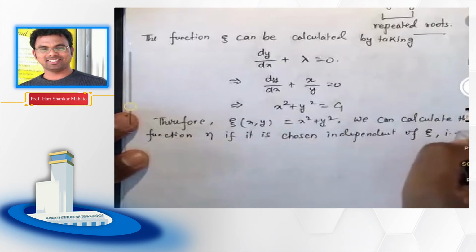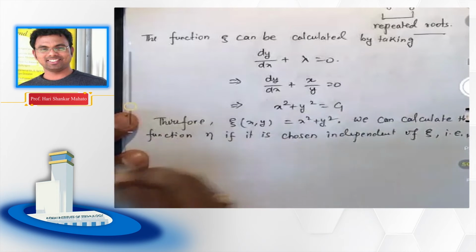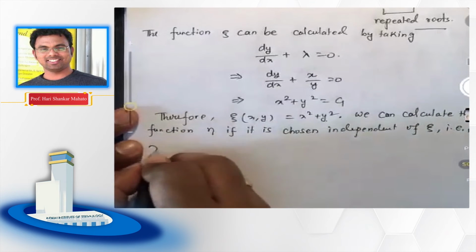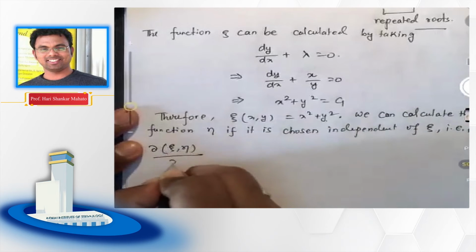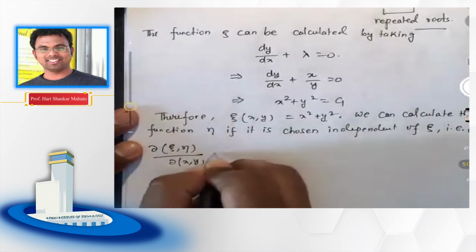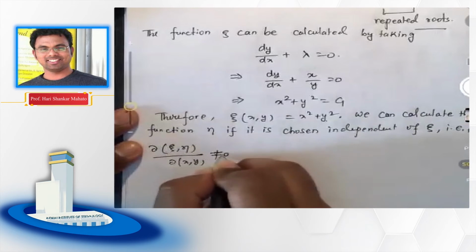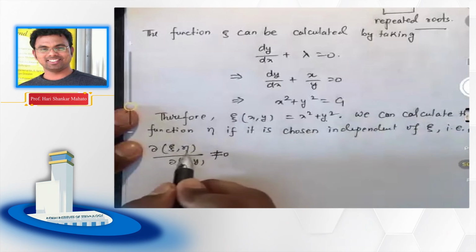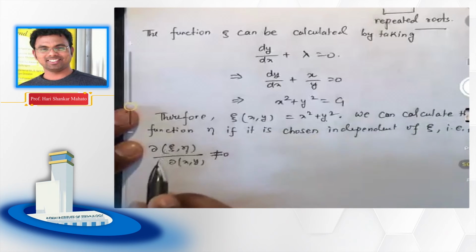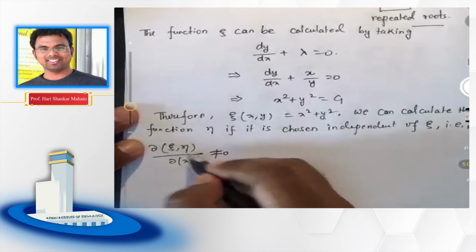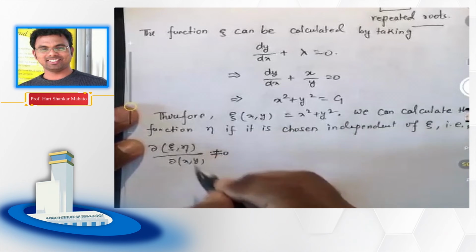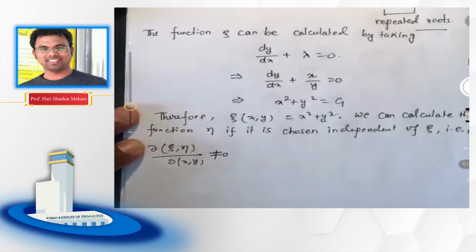That is, how to check the independent condition. You have to choose xi and eta in such a way that this Jacobian is non-zero. The two functions xi and eta, which are functions of x and y, are said to be independent if this Jacobian, which is del xi del x, del xi del y, del eta del x, del eta del y, that determinant must be non-zero.